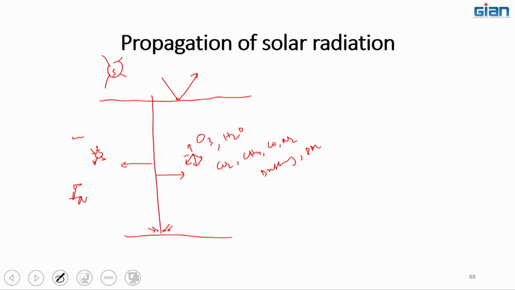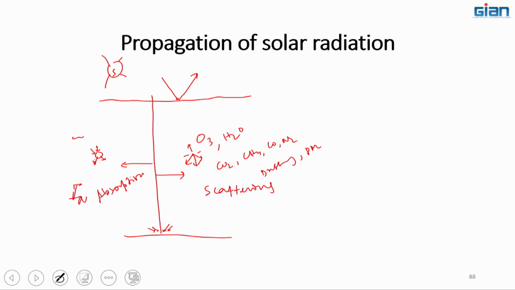And what happens? There are water molecules and other gases. When solar radiation comes, it actually scatters. It is directionless, there is no proper direction, and its intensity decreases. What happens actually? One is absorption, ABS. Absorption happens. The other one is scattering.